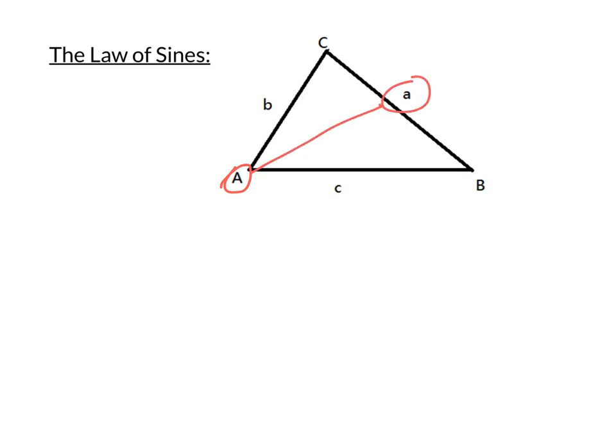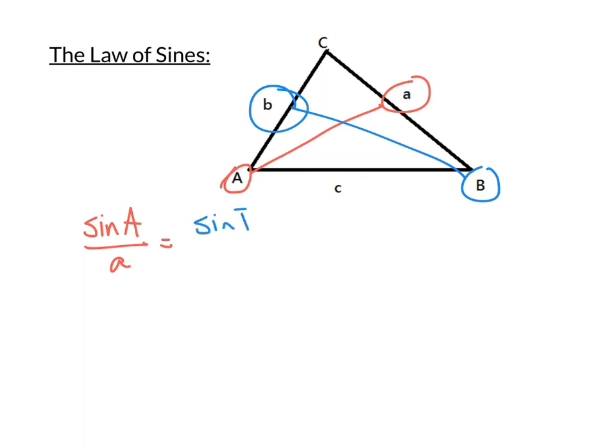And this ratio is going to hold true, that the sine of angle A is related to side A in the exact same way that angle B and side B are related, so that's the same as the sine of B over B. And that's the same as the relationship between angle C and side C, that the sine of angle C over C. This ratio is the same no matter which pair you're talking about, its angle and its opposite side.